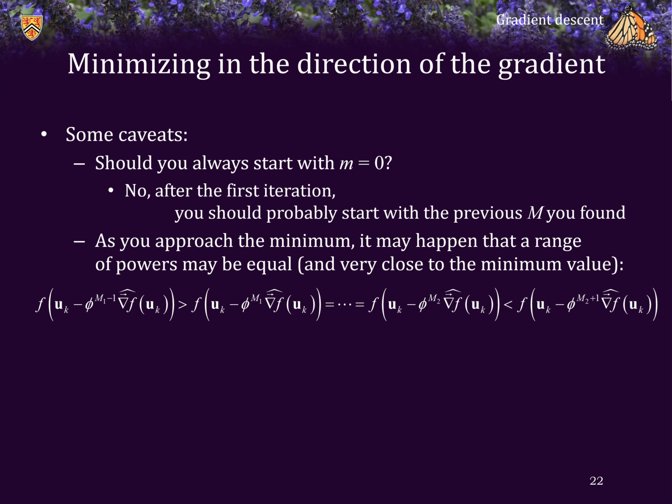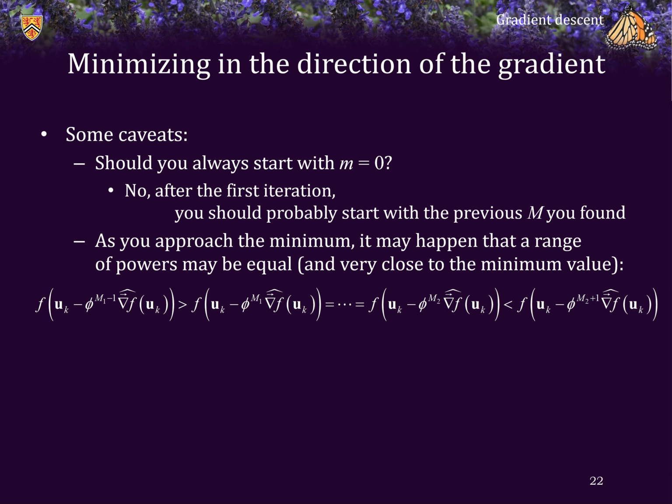Another issue is that as you are approaching the minimum, it may happen that the range of powers may actually include a sequence where the value of the function is equal. Remember, with any function for which we are finding the minimum, because the minimum is generally quadratic for a sufficiently differentiable function, there are going to be very many points, once the floating point numbers are truncated, that may actually have the same value.